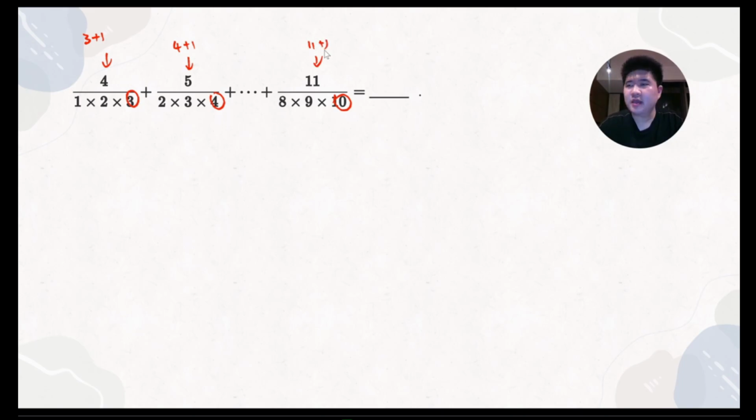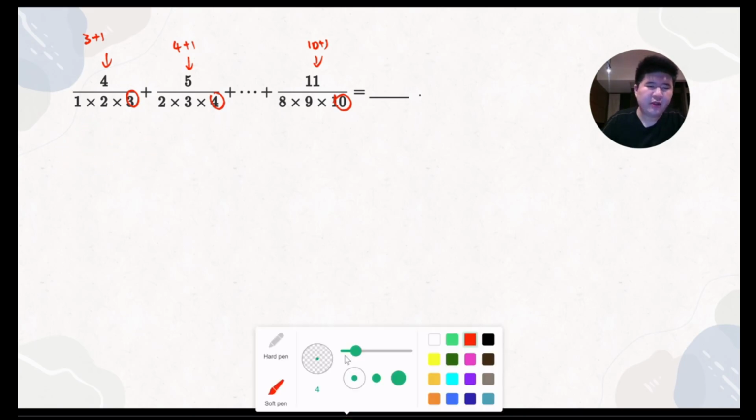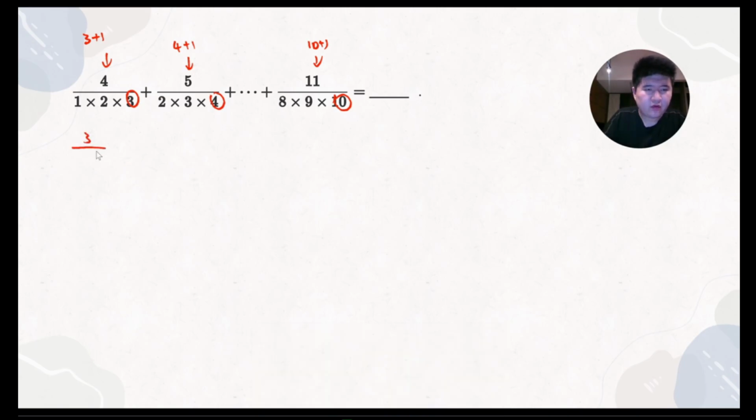And then something special happened. We can just try to show you here. 3 plus 1 over 1 times 2 times 3. We can split them into 2 parts. It becomes 3 over 1 times 2 times 3 plus 1 over 1 times 2 times 3.